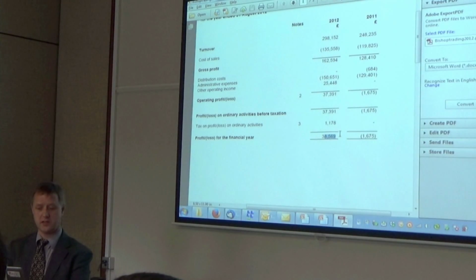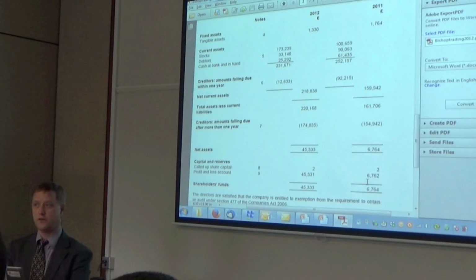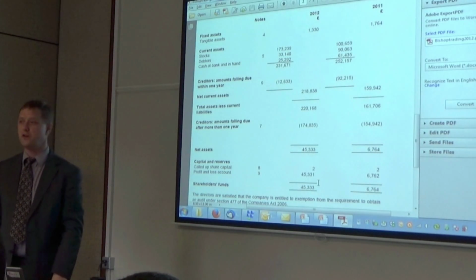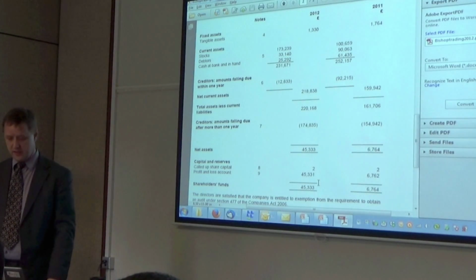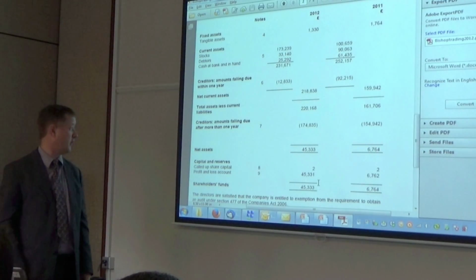So do you see that £38,000 added to the value of the firm at the end of the previous year comes to the value of the firm at the end of the current year. The key thing to realise is 38 plus 7 equals 45.